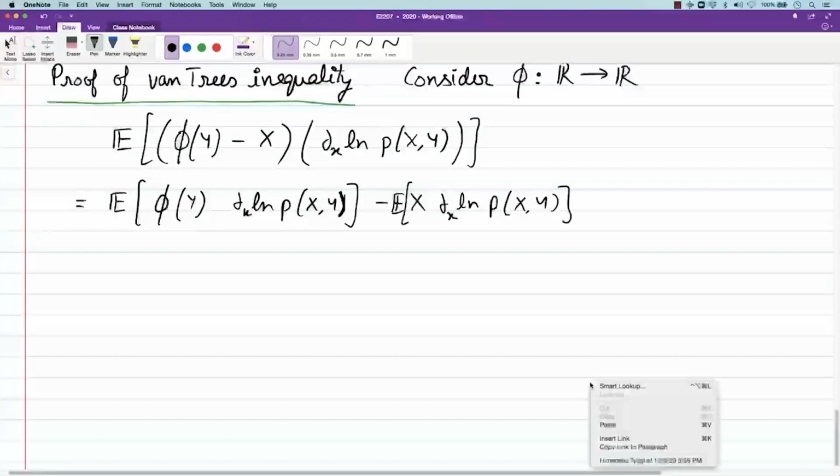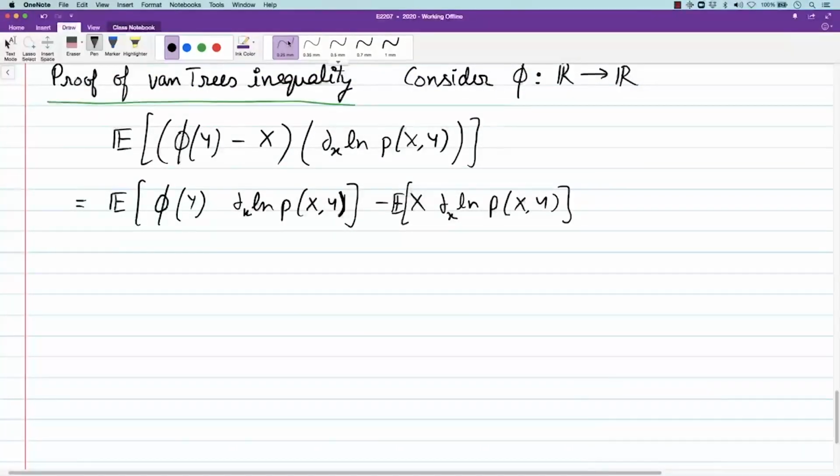It's not clear right now why I'm starting with this quantity, but by the Cauchy-Schwarz inequality I can bring in the mean square error times something else, and that will be an upper bound on this quantity, and we want to understand this quantity, so I'm just computing it first. Sorry, I'm not spending too much time on this proof. This is just a quick presentation of Van Trees' inequality, but once you start with this particular function you will see that this is just an elementary proof, although it's not clear why we start with this function.